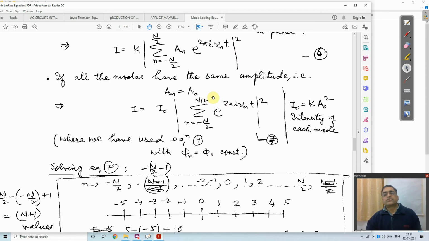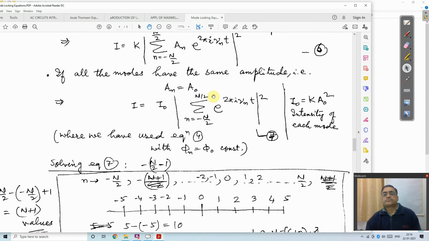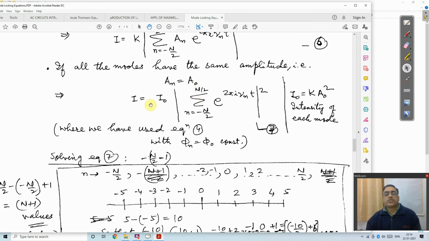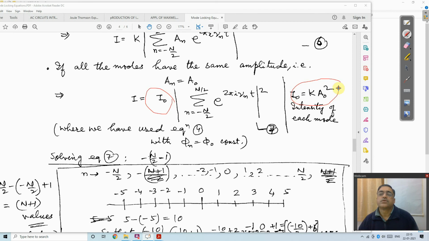If all the modes have the same amplitude, that is a_n equal to a_0, we can drag them out and put them into I_0, times the summation from n equal to minus N by 2 to N by 2 of e raised to 2 pi iota nu_n t, whole squared. I_0 is some constant times a_0 squared, as we see here.